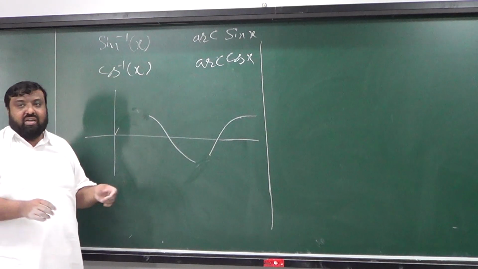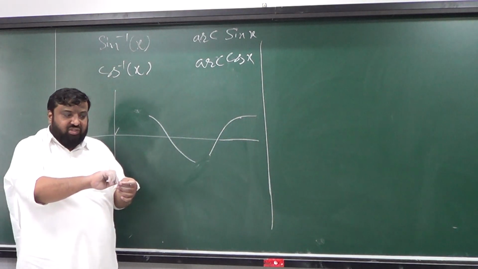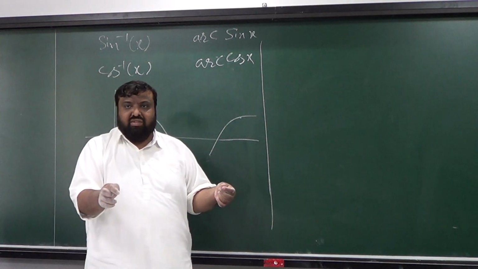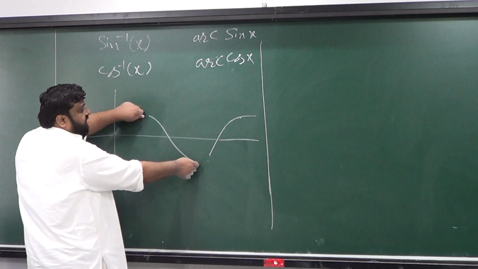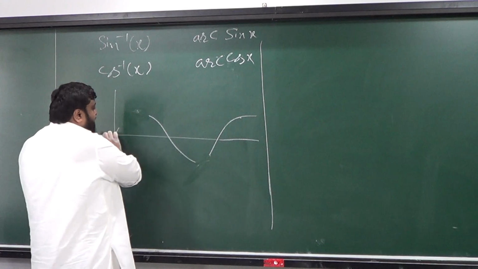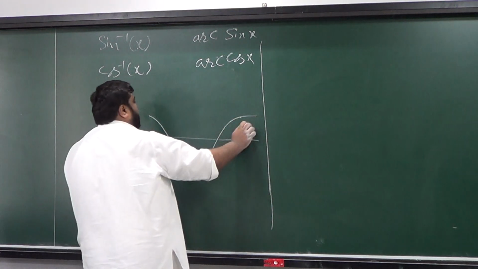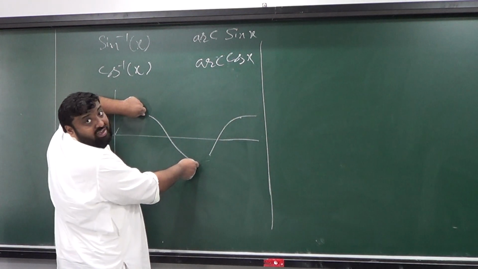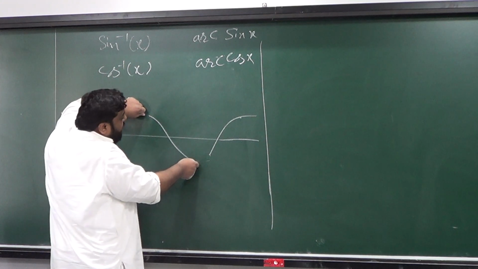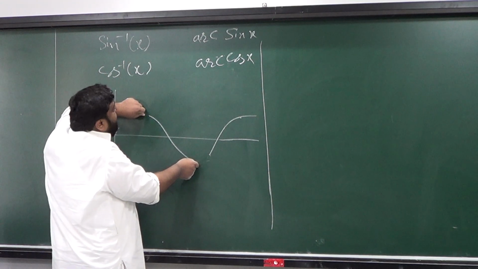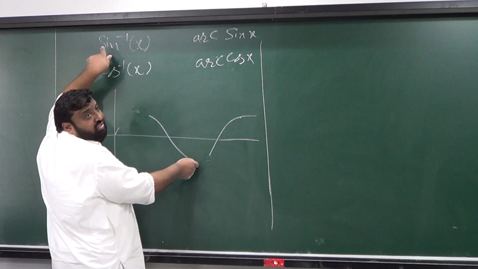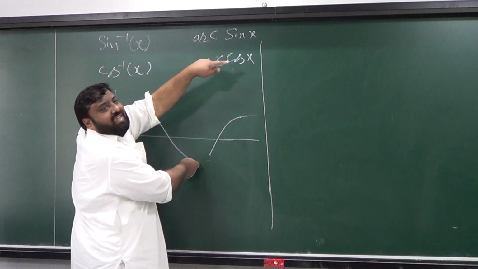What do you mean by arc? An arc is really a curved segment, a small curved segment. Out of this entire function, only this arc of the sine function is really the inverse sine function. Therefore you call it arc sine x.